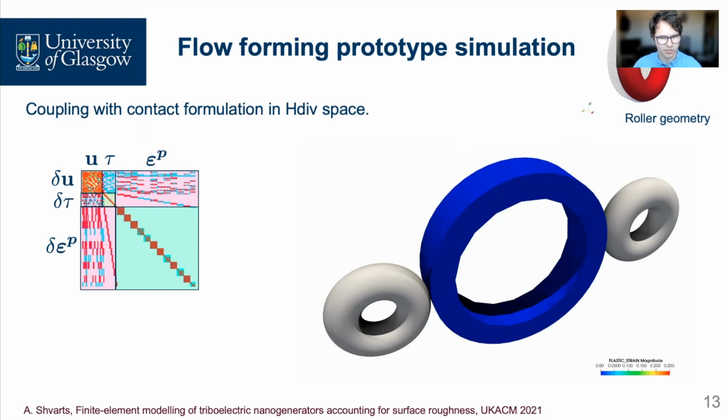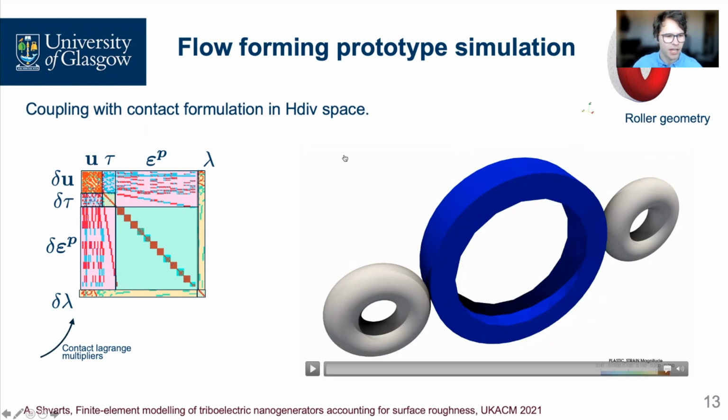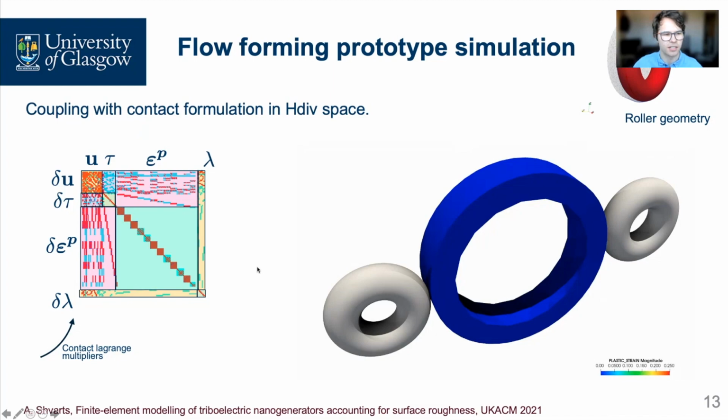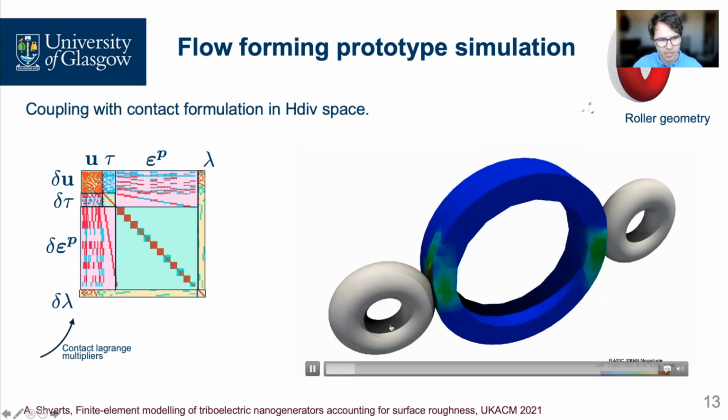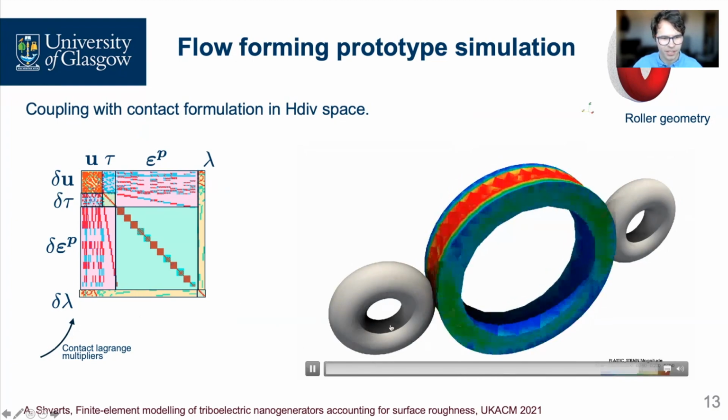For that, we will use a state-of-the-art contact formulation in HDiv space, details of which can be found in Andrei's presentation later today. The neat thing about this is that we can add contact Lagrange multipliers to our problem and solve it again as one coupled system. So this is how it looks.